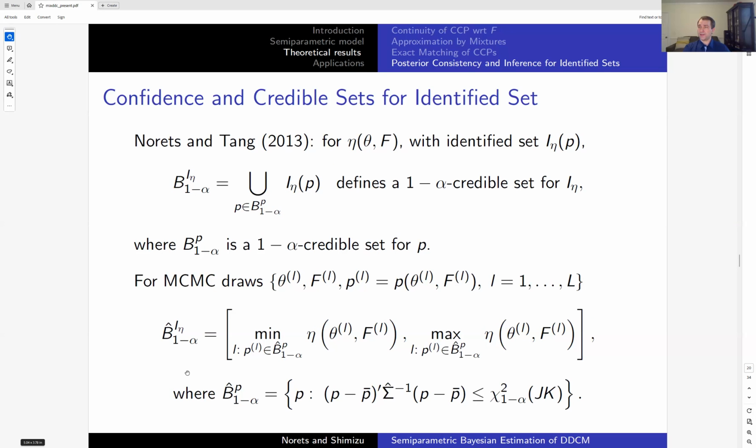So now let me briefly describe how we could do frequentist inference based on MCMC output here. Let's start with a Bayesian justification for what could be done. Here the likelihood function depends on theta and f only through what is sometimes called the reduced form parameter p, the choice probabilities.